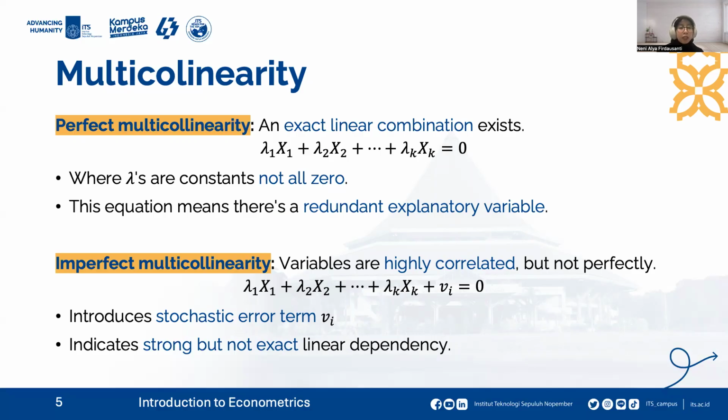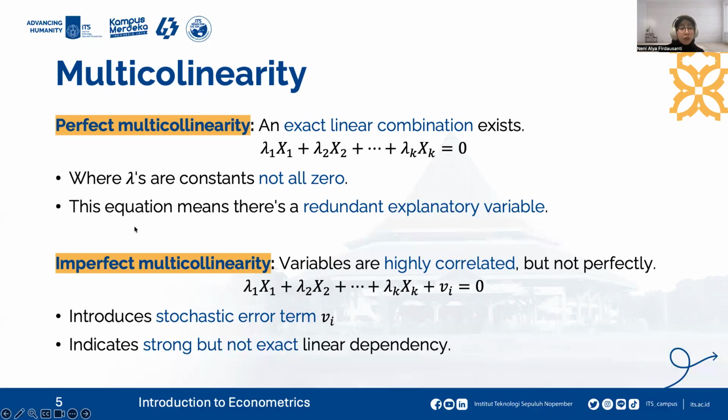If we have lambda 1 x1 plus lambda 2 x2 until lambda k xk equal to 0, where some of the lambdas have non-zero values, which means that we have a linear relationship between some of the x's here.